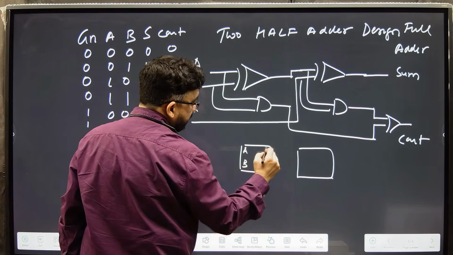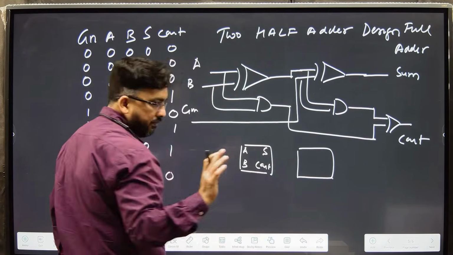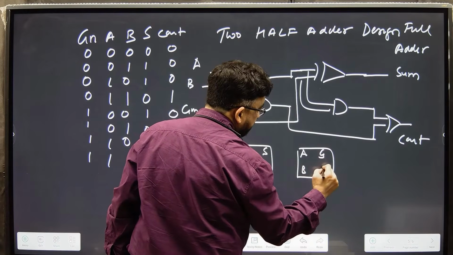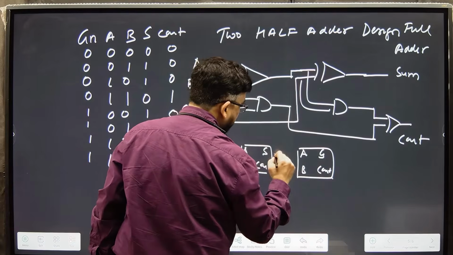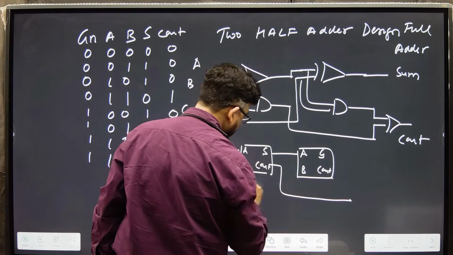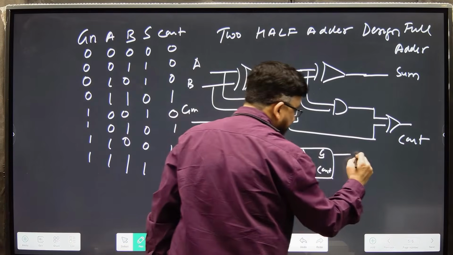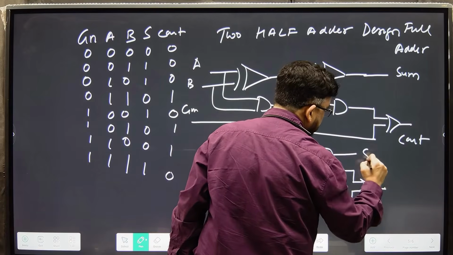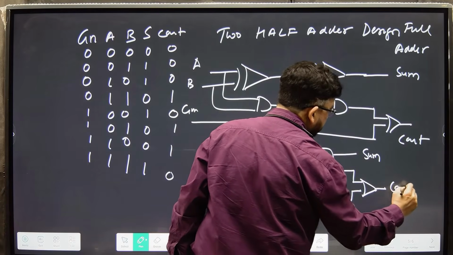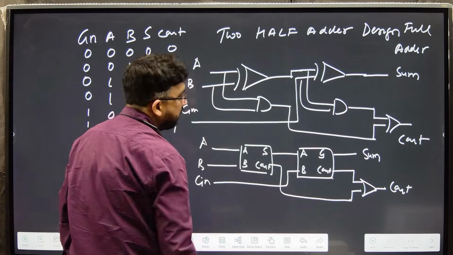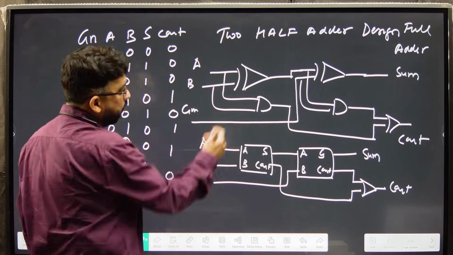A, B, sum and C out. I have not completed the question. Now, if the interviewer asks, okay, design a full adder with the help of two half adders.